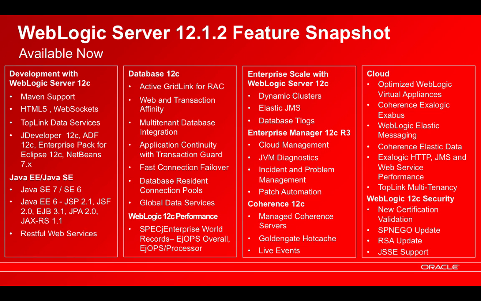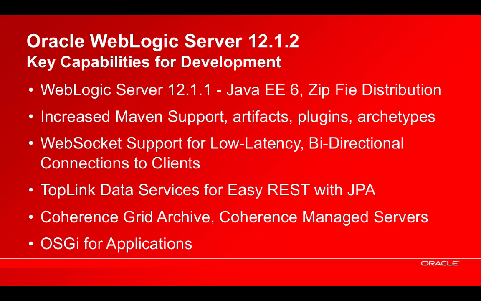But we've also got a number of features that are particularly oriented around supporting developers working with WebLogic Server. If we take a little bit of a look at those now, some of the things we've got in this release is obviously a carry-on from our prior WebLogic Server 12.1.1 release, which was the first release we put out that was conformant with the Java EE 6 specification.